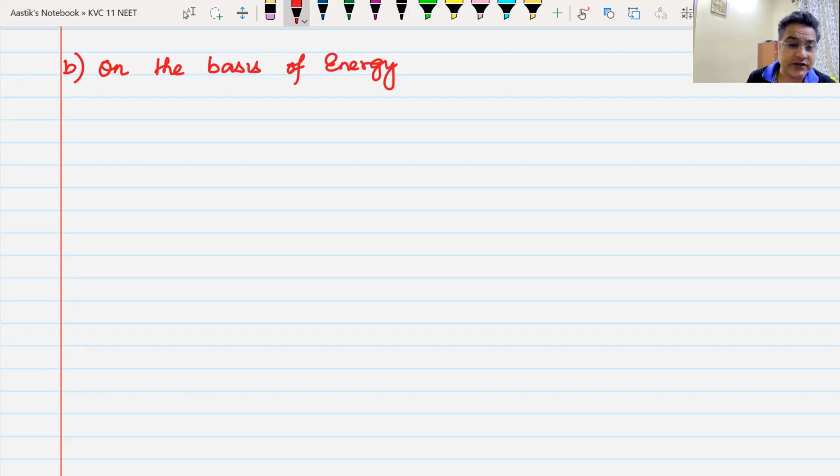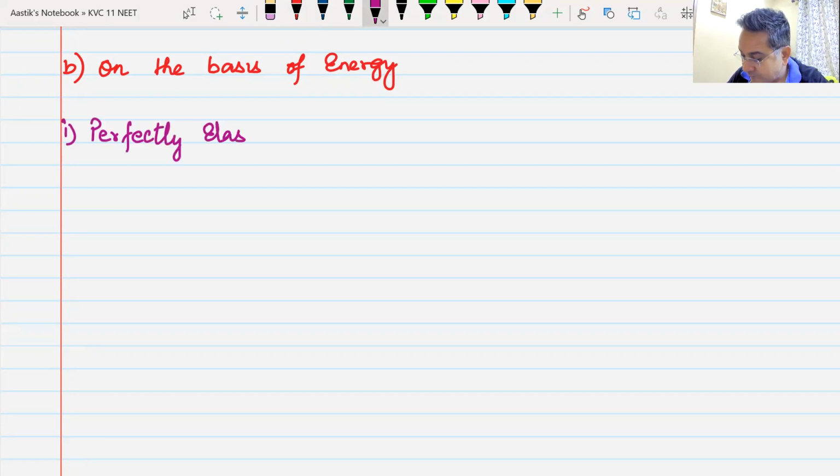What happens with energy? I hope everyone is writing it down. Okay. Now, in this, we have three types of collision. The first collision is known as perfectly elastic, or sometimes people also call it simply elastic collision.